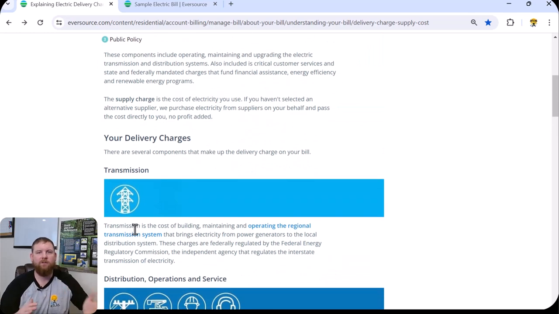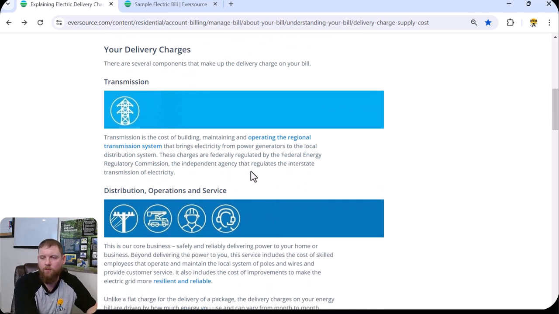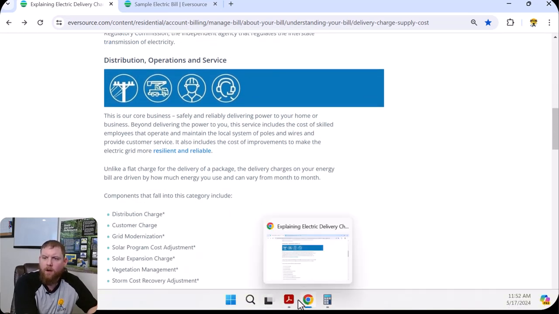Those aren't as variable as frequently as the supply and demand portion of a commodity like natural gas or oil, whatever the utility in your area uses as fuel. Predominantly it's not coal in America much anymore, but I digress.